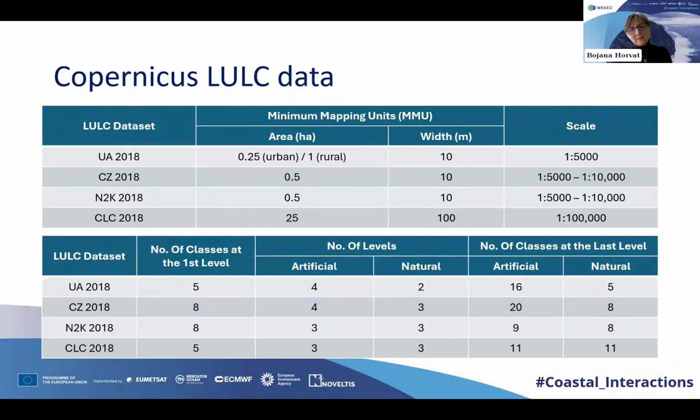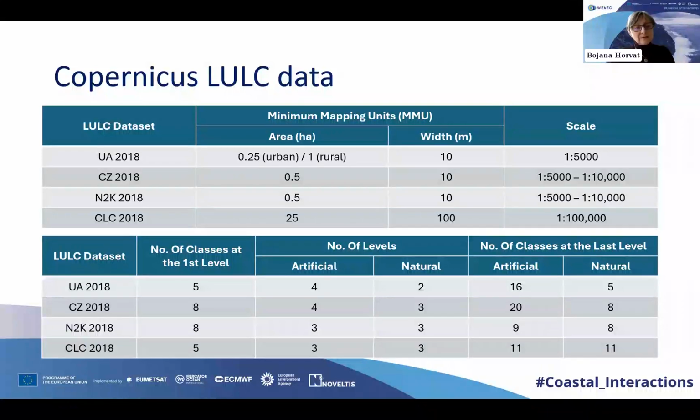However, when it comes to spatial and thematic resolution, it is not well suited for mesoscale analysis. So we had to consider other data sets, which are Natura 2000 and Coastal Zones. Of course, Urban Atlas is the most detailed when it comes to urban areas. However, it is available only for certain regions, not for the whole country. So we had to apply certain regions, Coastal Zones, and Natura 2000.